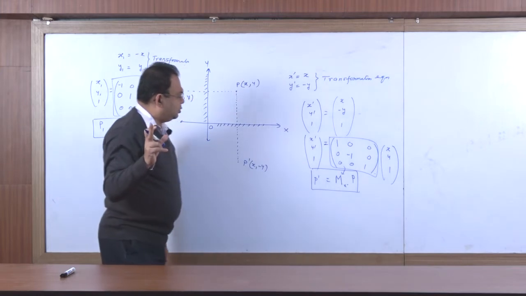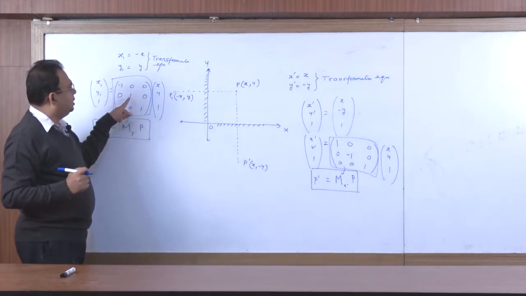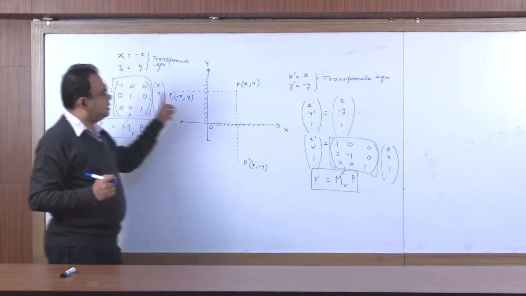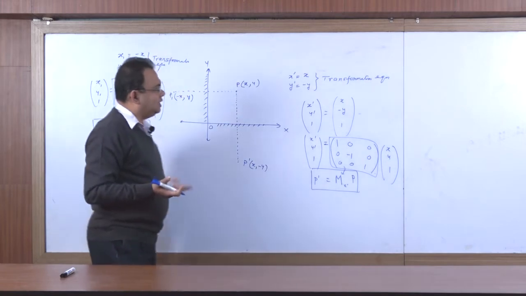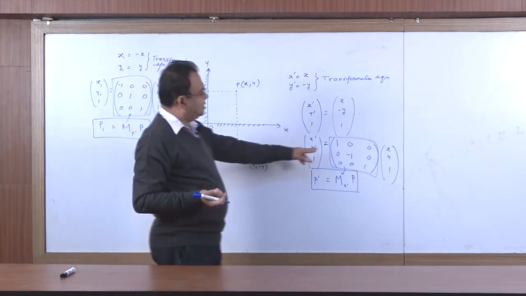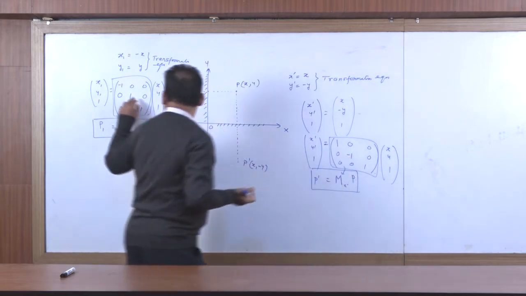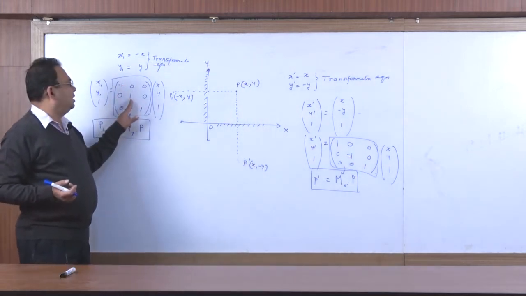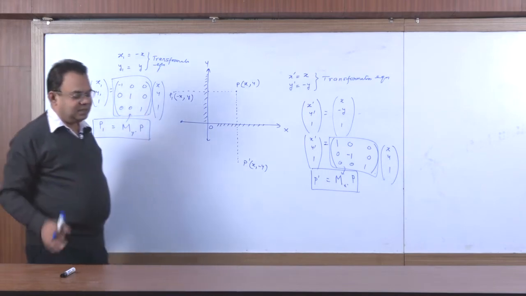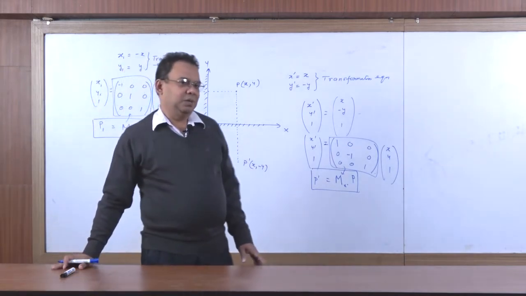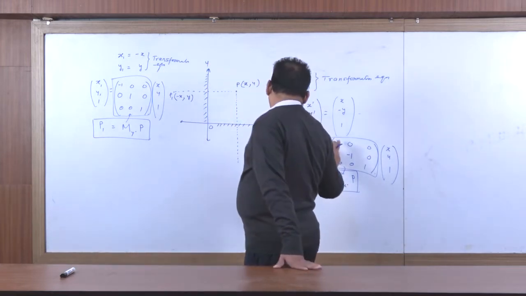Now, note one important point here: the mirror reflection operator with respect to the y axis or with respect to the x axis is nothing but the scaling operator, where in one case Sx is 1, Sy is minus 1, and in the other case Sx is minus 1 and Sy is 1. So, basically mirror reflection is also achieved with the help of scaling with these scale factors.